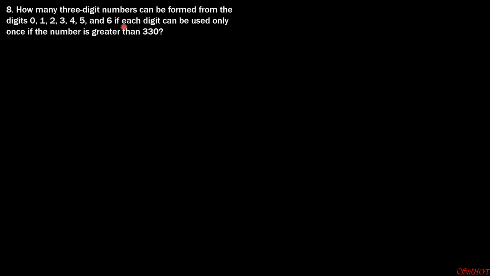Since the condition is that each digit can be used only once, 331, although that is greater than 330, is not qualified because the digit 3 is repeated. 332, 333, 334, 335, up to 339, all those numbers are greater than 330, but they are not part of this because the digit 3 is repeated.